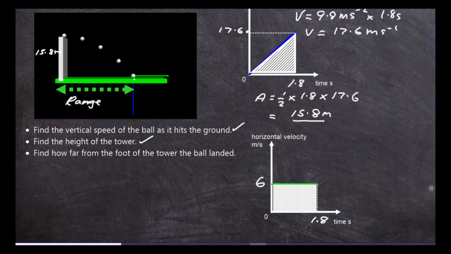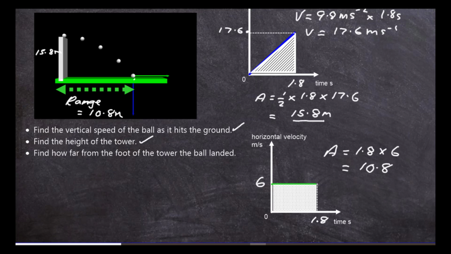It's a rectangle. So therefore the area has got to be equal to the length, 1.8 times 6. And we work that out with my calculator, we get 10.8 units. And that translates as a range of 10.8 meters.